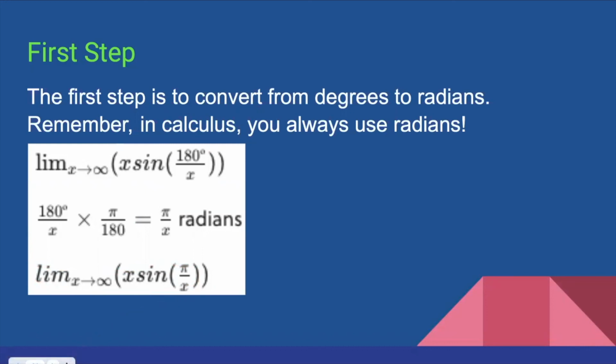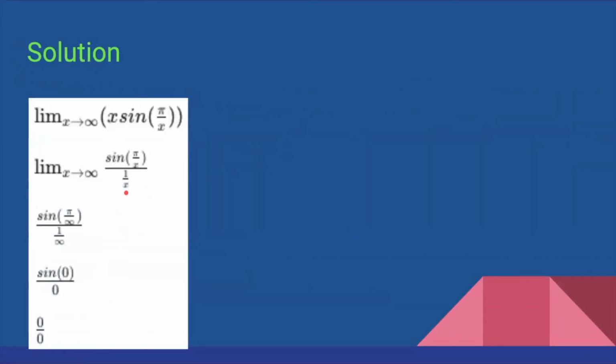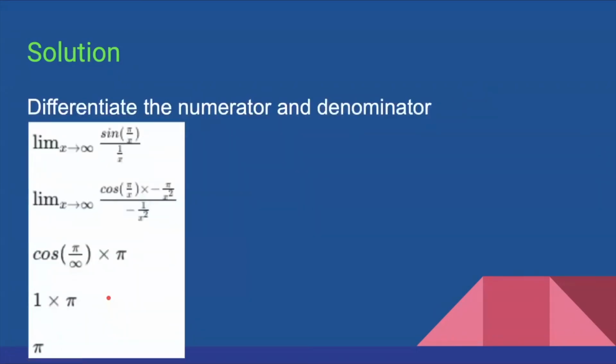The answer is, you move the x over to the denominator. So this is the same as sine of pi over x over 1 over x. And then you plug in infinity for x to verify that the limit is of indeterminate form. You'll get 0 divided by 0, which is indeterminate. And now you use L'Hopital's rule.